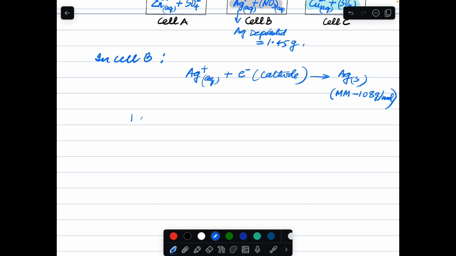So we will find out the quantity that we need. If we want to deposit 1 mole of silver, it will require 1 mole of electrons, that is 1 Faraday of charge. Why? Because one ion needs 1 electron.